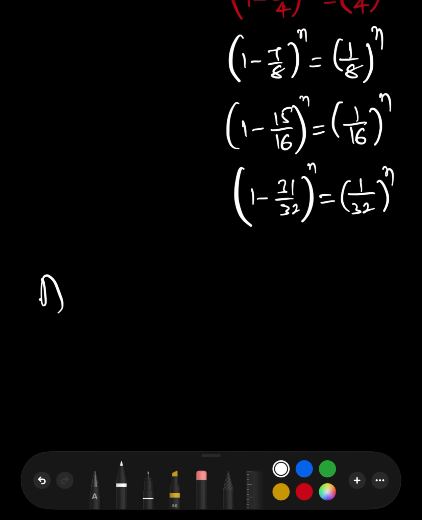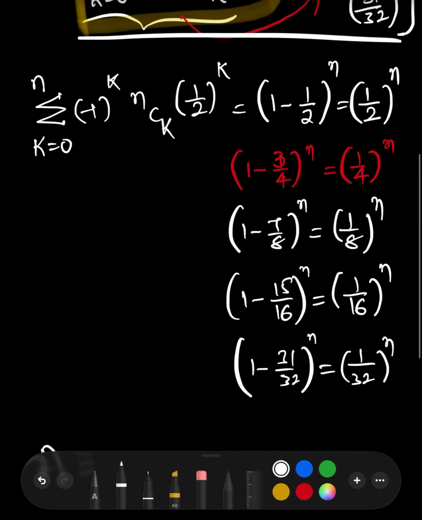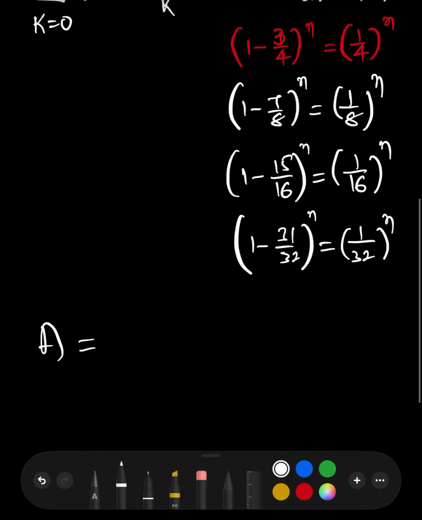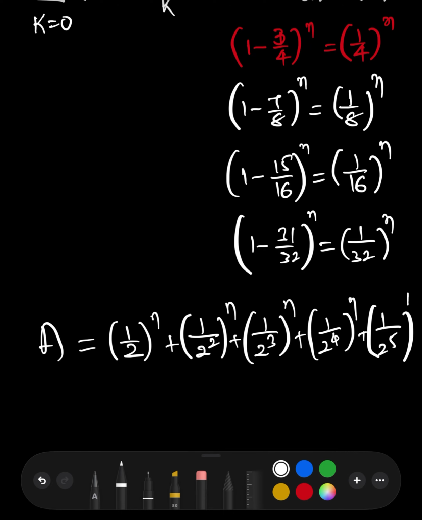So clearly capital A, after expanding this whole summation, equals (1/2)^n plus (1/4)^n, that is ((1/2)^2)^n, plus ((1/2)^3)^n, plus ((1/2)^4)^n, plus ((1/2)^5)^n.